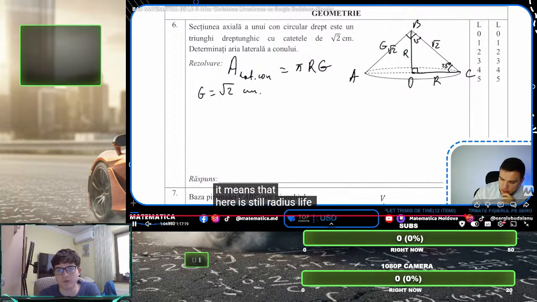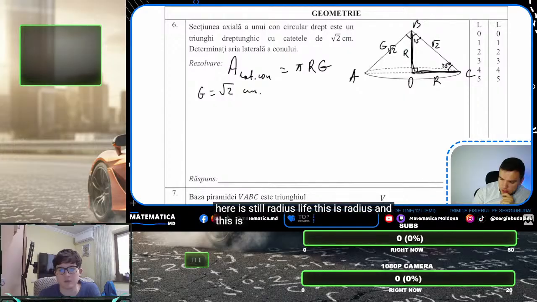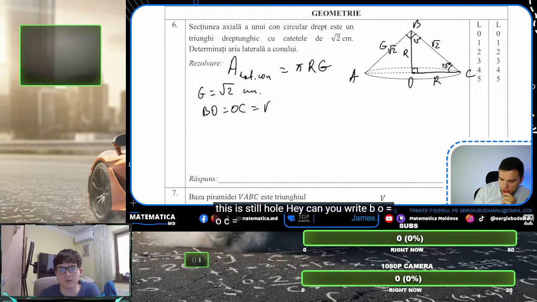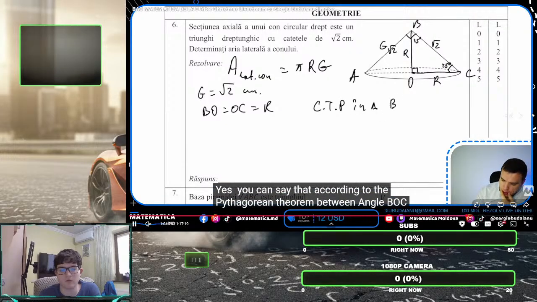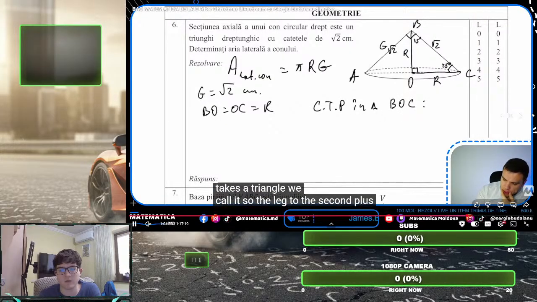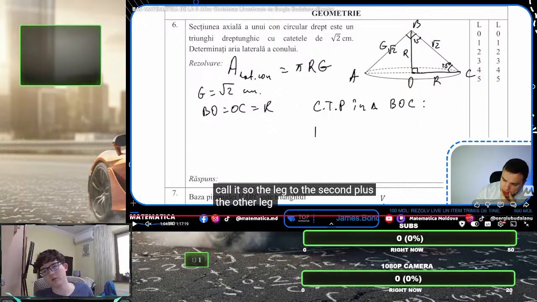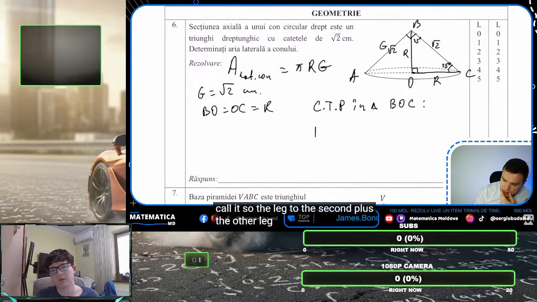So we got an R here, same thing, BO and OC are equal, and we do BOC. Oh, so he just did it like this because he didn't work with angles, because if they're the same, there are 2 R's, and you can find out R based on that with division and stuff.